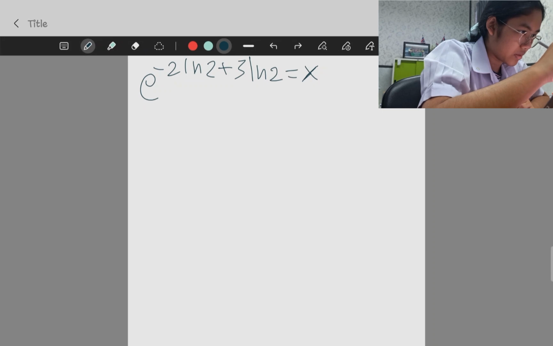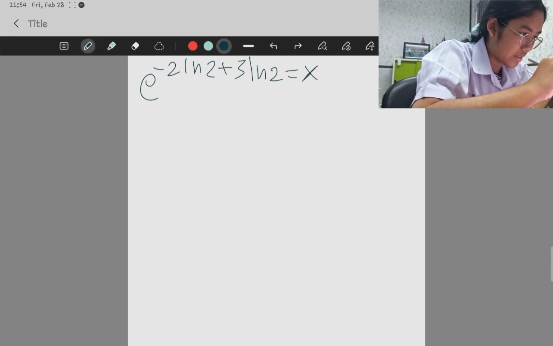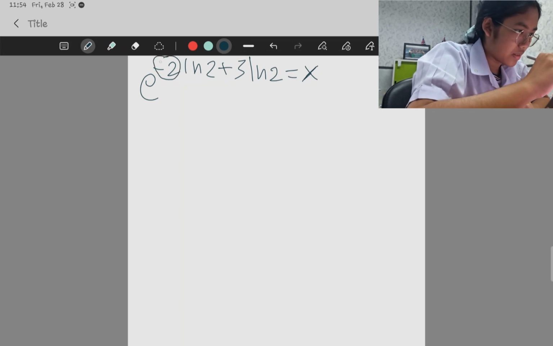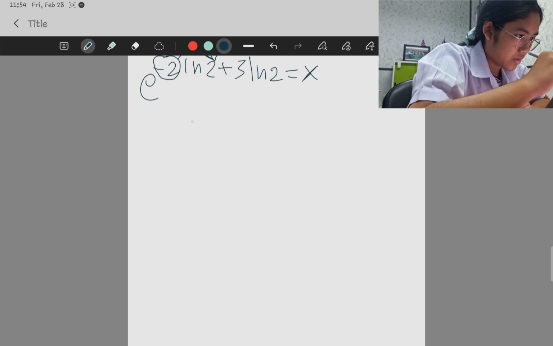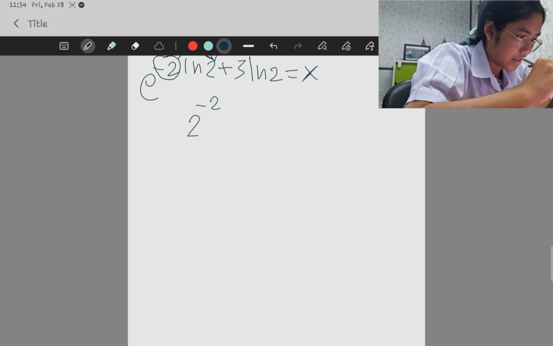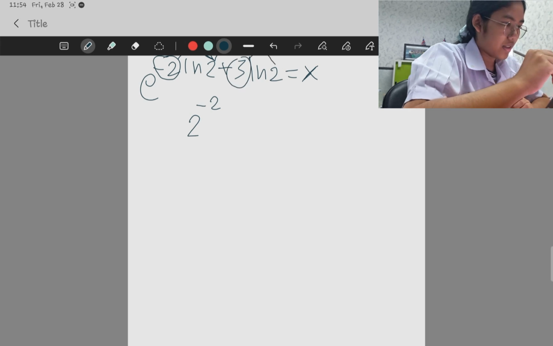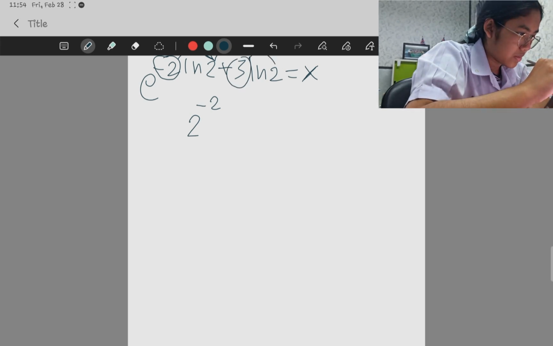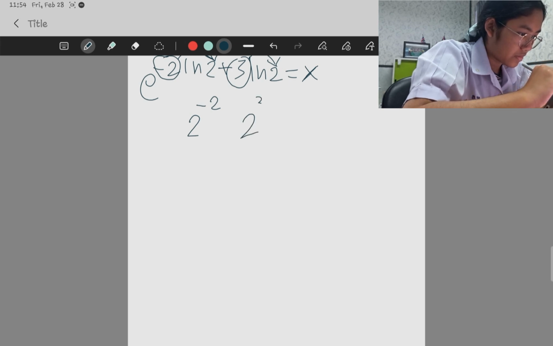Okay, so it's number 6, right? So this equation, first thing, we move negative 2, and there is 2 to the power of negative 2, and then put 3 also, and then 2 to the power of 3 equals x.